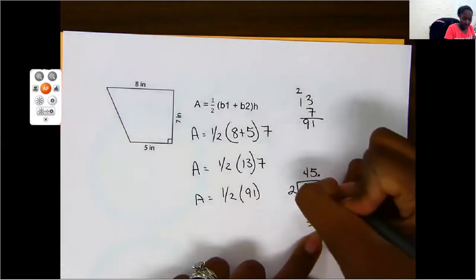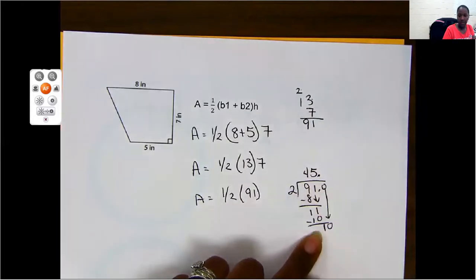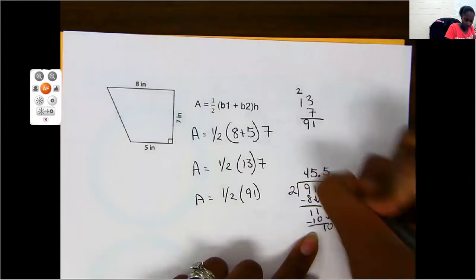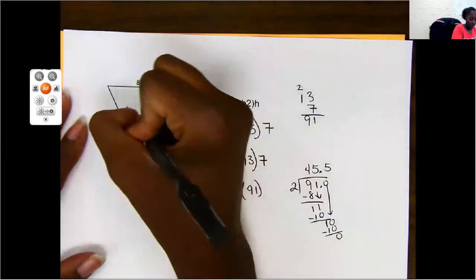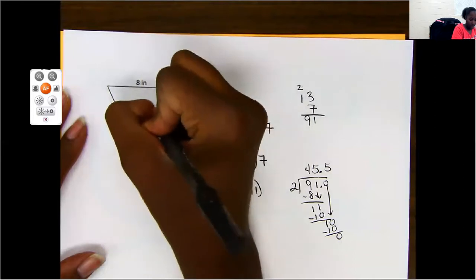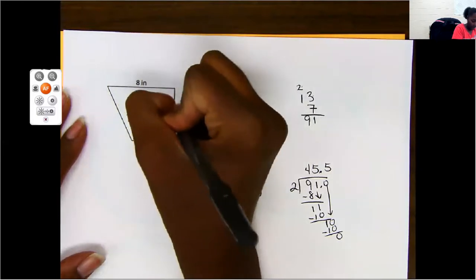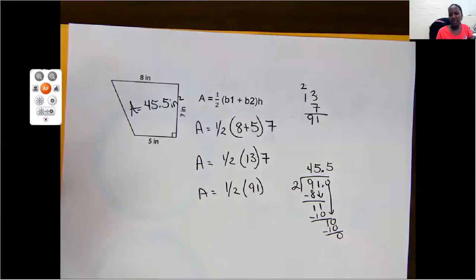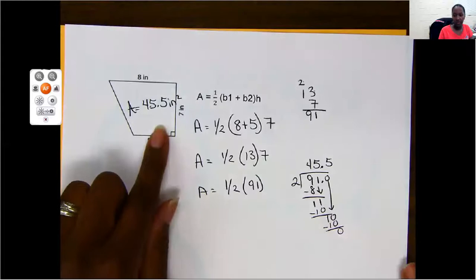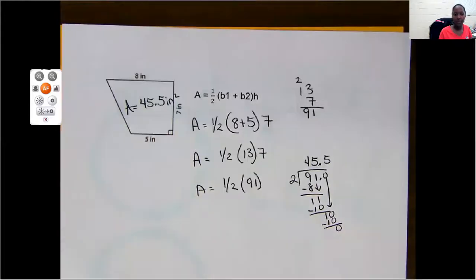I need to add a decimal to bring in a 0. 2 will go into 10 5 times. So our area is 45.5 inches squared. Okay, now you won't have a decimal in your quiz, but that's how you would still work it out the same way.